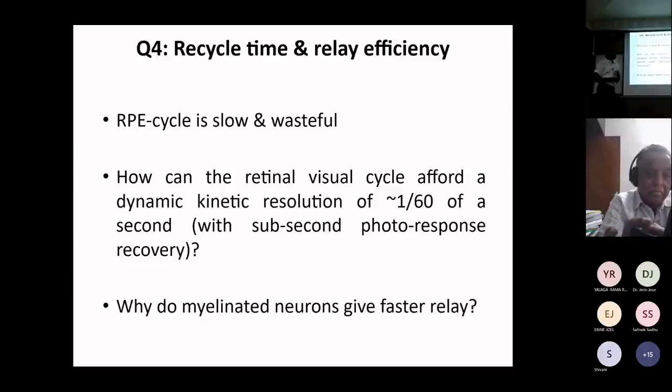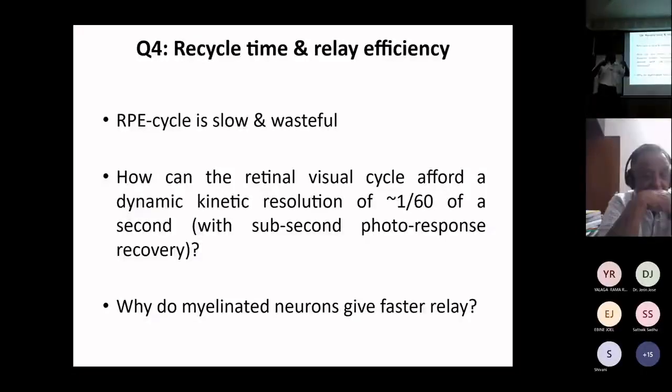Then one important aspect about relaying is, the neurons have something called the myelin sheath, and when the myelin sheath is present, the signal goes faster. Why?